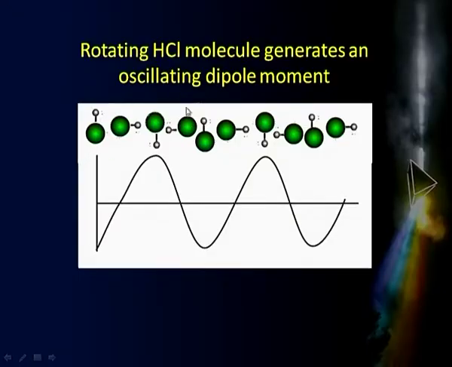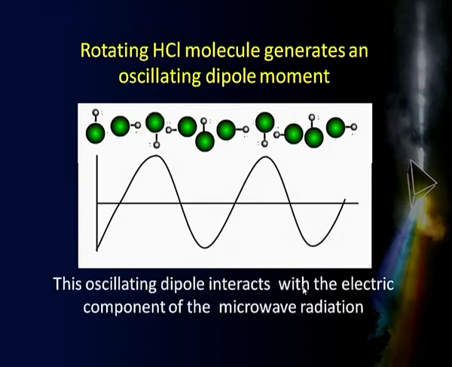Now, let us see why. Let us take an example of an HCl molecule. There is a polarity in this case. As this molecule tumbles, as it rotates, its dipole moment changes, and we get an oscillating dipole moment. This oscillating dipole moment of the molecule interacts with the electric component of the microwave radiation.